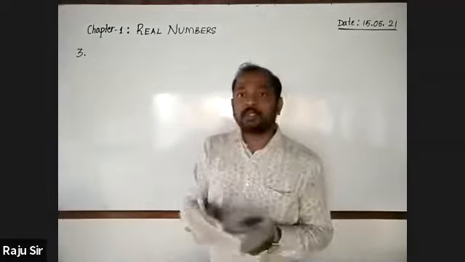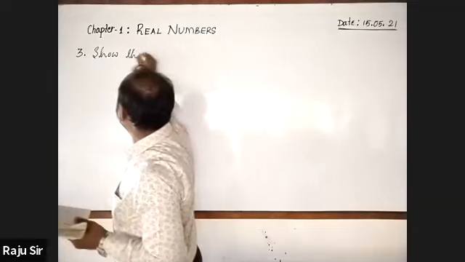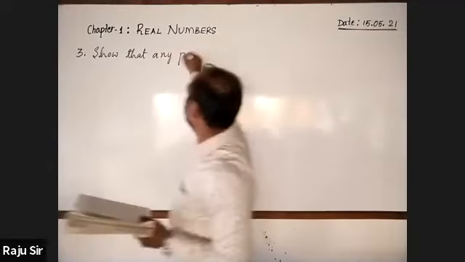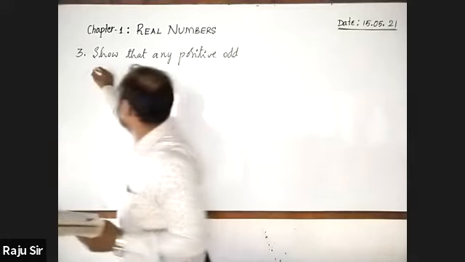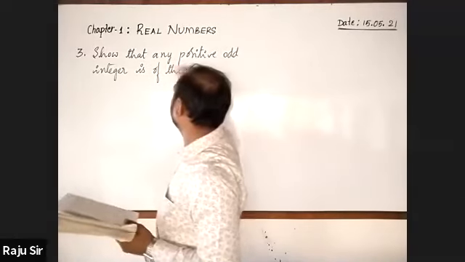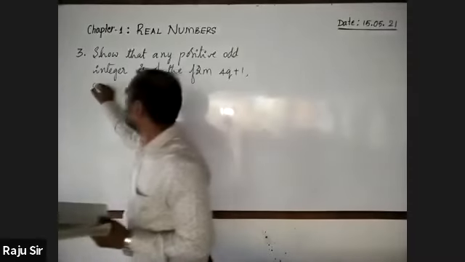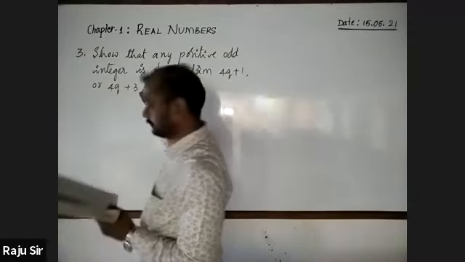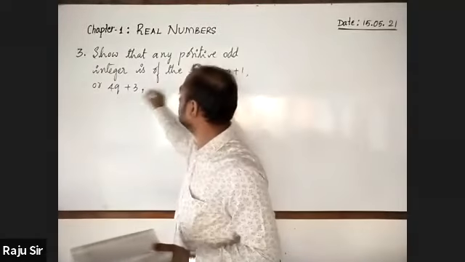It is: show that any positive odd integer is of the form either 4q plus 1 or 4q plus 3, where q is some integer, right?